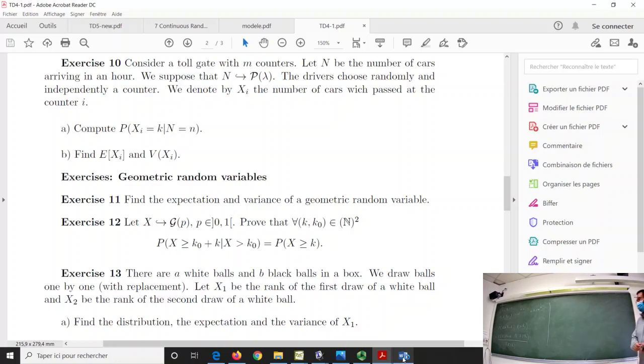Yes, so here, since the geometric distribution takes values in N star, so only 1, 2, 3, and so on, if I am strictly greater than K0, it means that I am greater or equal to the next value I can take, okay?